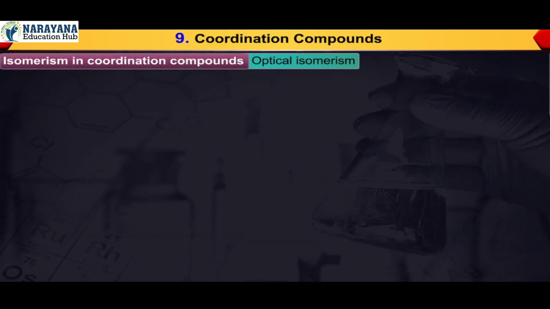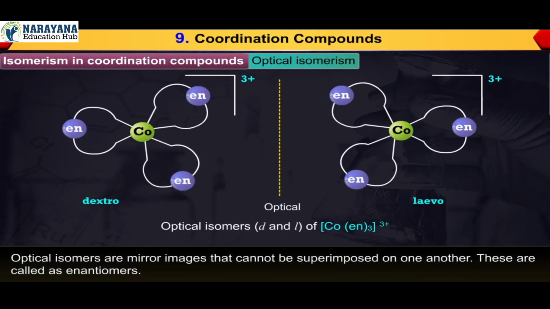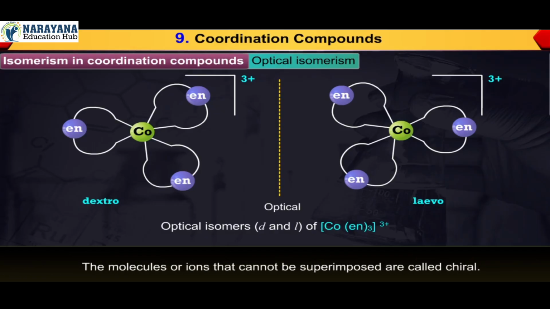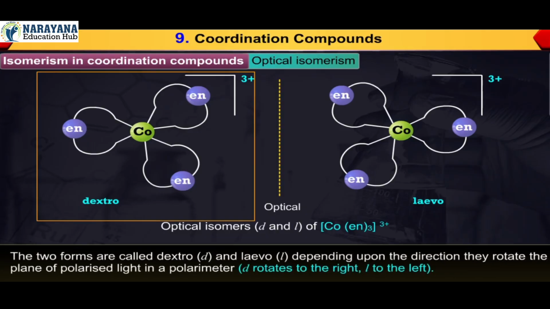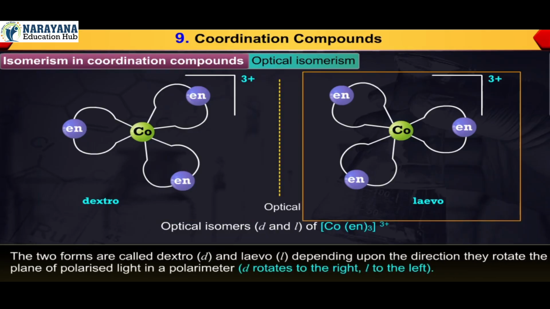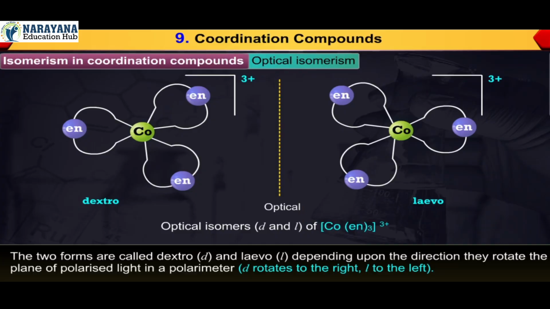Optical isomerism. Optical isomers are mirror images that cannot be superimposed on one another. These are called enantiomers. The molecules or ions that cannot be superimposed are called chiral. The two forms are called dextro, that is d, and levo, that is l, depending upon the direction they rotate the plane of polarized light in a polarimeter. d rotates to the right, l to the left.